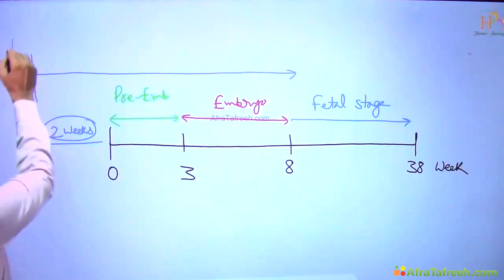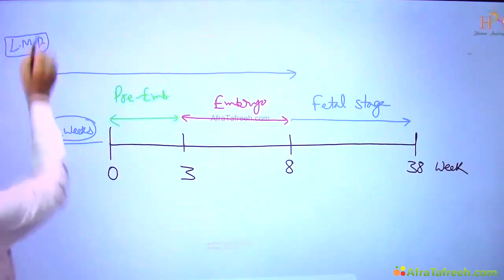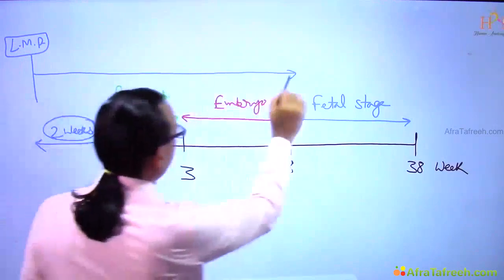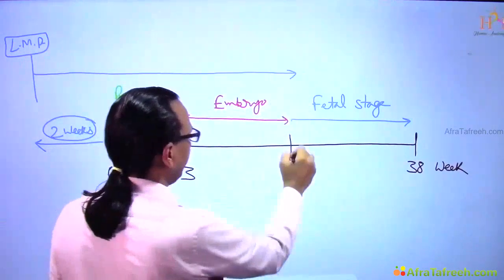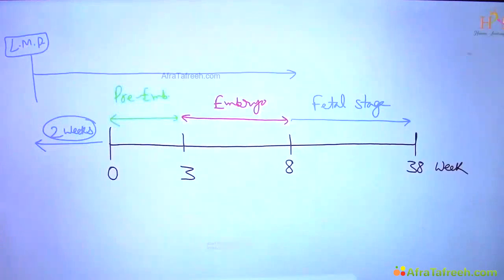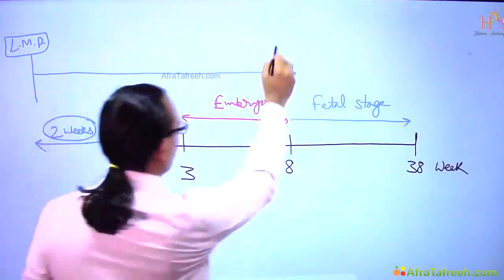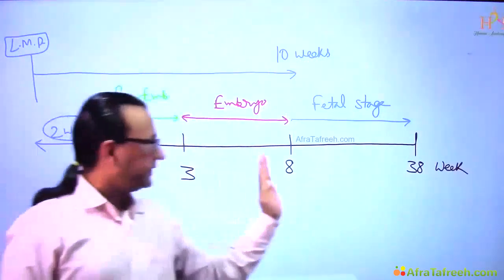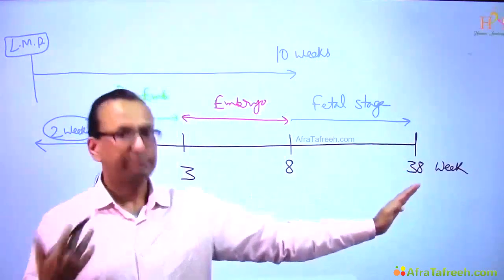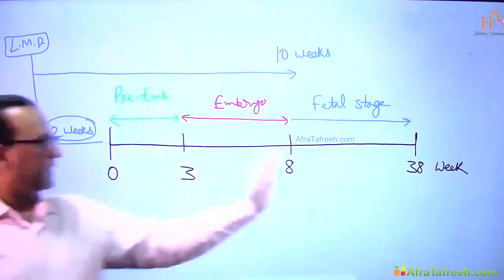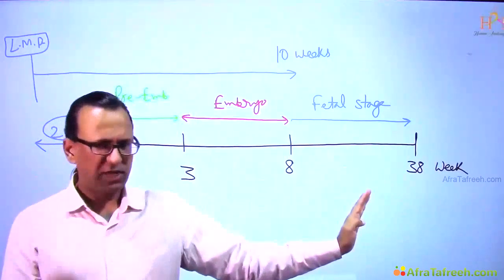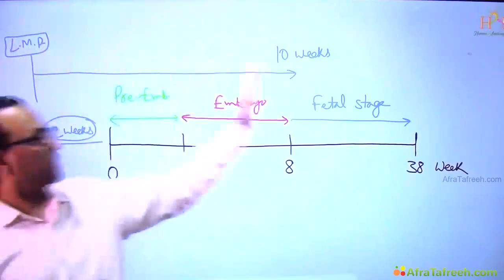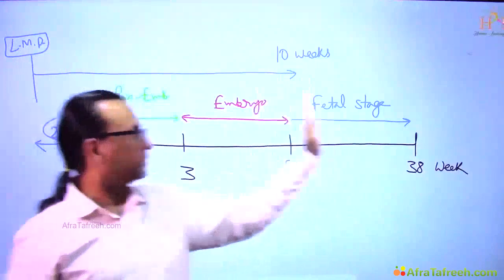Calculated from the last menstrual period, or the first day of the menstrual cycle, you will find that the fetal stage is beyond how many weeks? 10 weeks. What you are telling as 8 weeks to 38 weeks per post-ovulation age is normally to be taken. If somebody is specifying calculated from last menstrual period, you should say beyond 10 weeks will be the fetal stage.